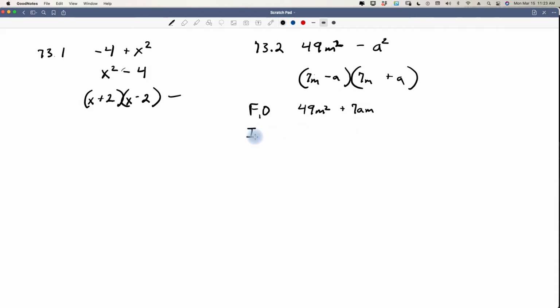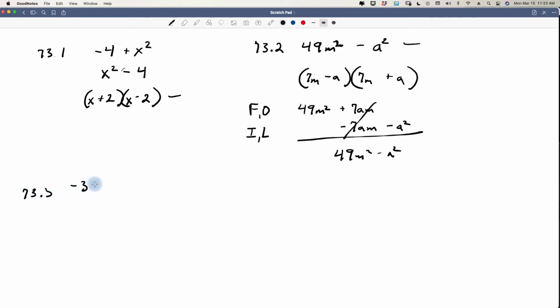Inner, negative a times 7m is going to give us a negative 7am, right? And then our last, negative a times positive a is going to give us a negative a squared. When we combine, those cancel, and we're left with 49m squared minus a squared, which is the same thing we have up here.